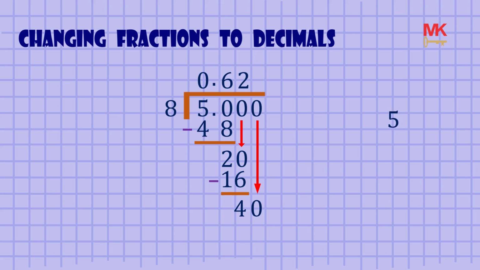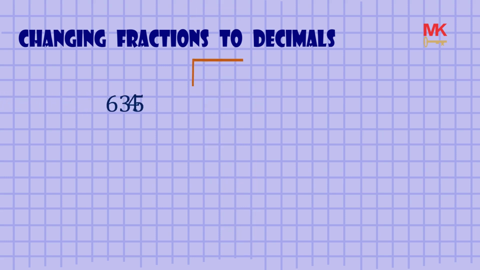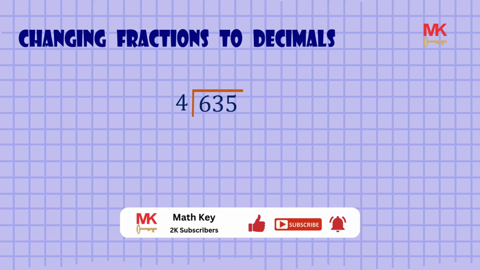So, we keep our 5 directly above the 0 we brought down. 5 times 8 is 40, and 40 minus 40 is 0, bringing the entire division to a termination. Hence, 5 divided by 8 is 0.625. Let's see another example with a larger dividend or numerator.